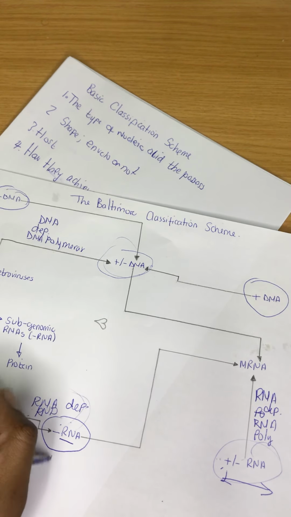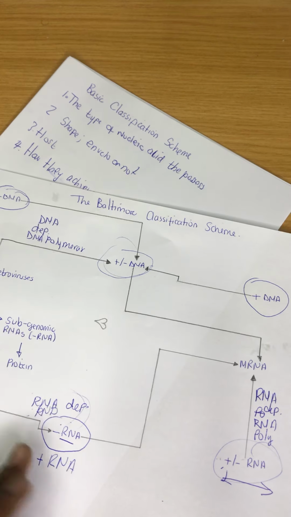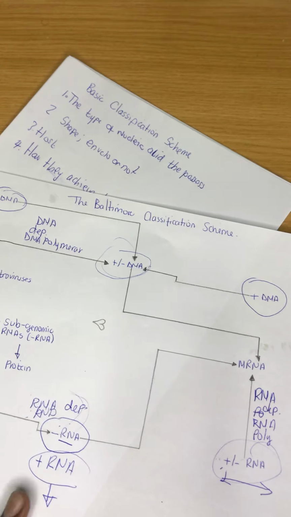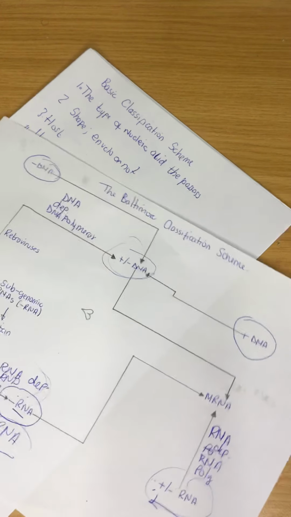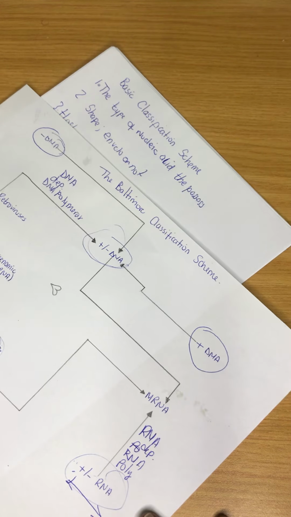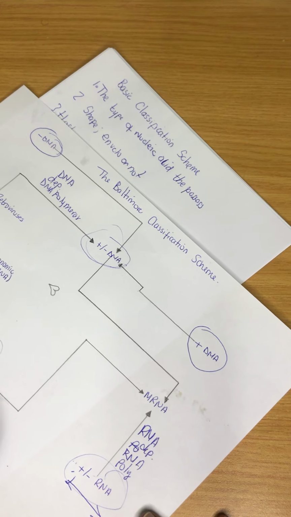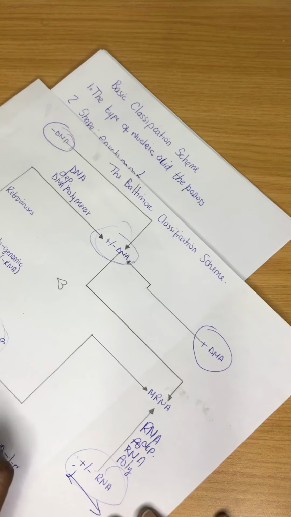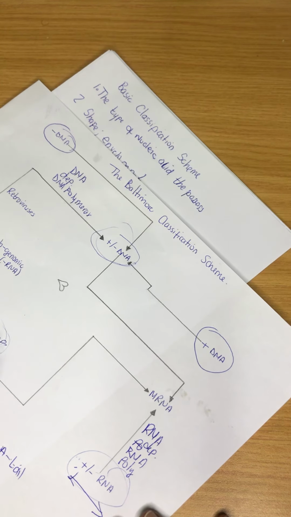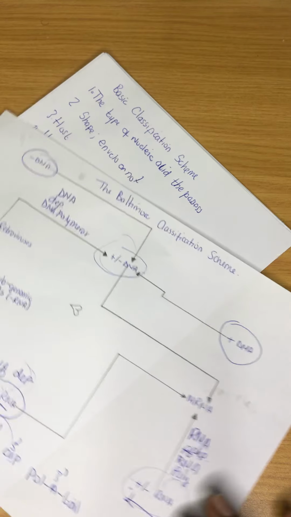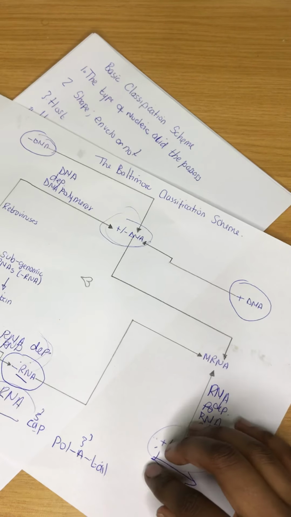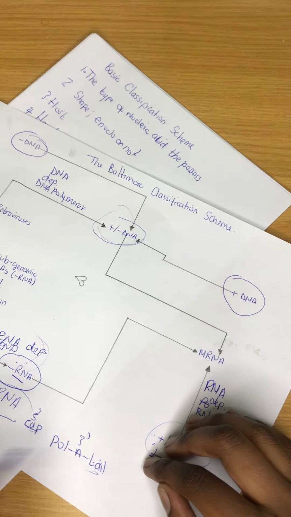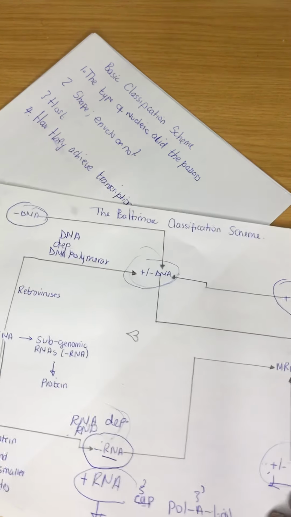Obviously it is going to be positive, and this one is directly recognized as mRNA. Why? Because it has a cap and a poly A tail, at the 5' end and the 3' end. And if you know transcription in humans, you know that this one is recognized as mRNA.